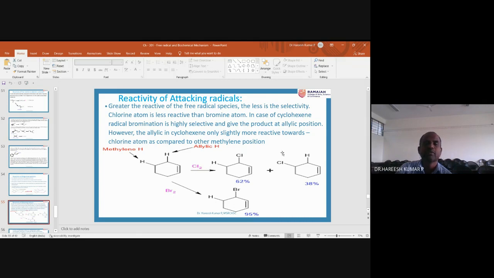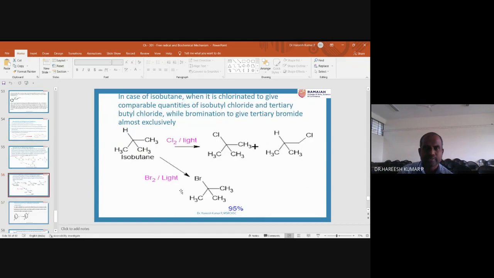A mixture of products is obtained. Okay, so this is under the reactivity of attacking radicals. So here, in this case, chlorine is the attacking radical, and in this one, bromine is the attacking radical. So I will go to the next slide.